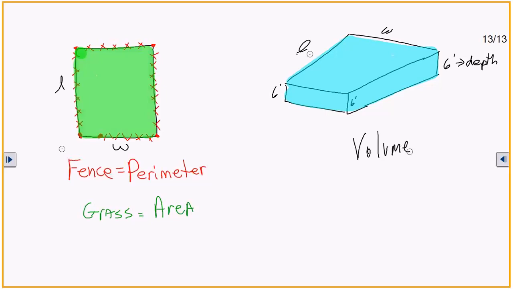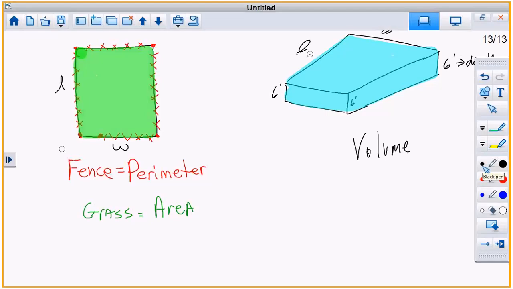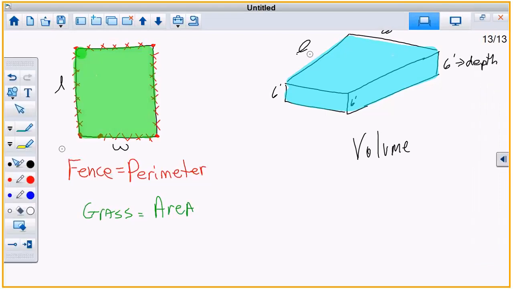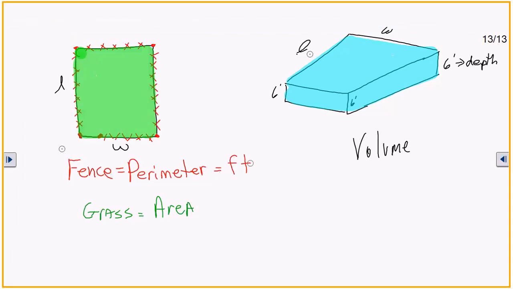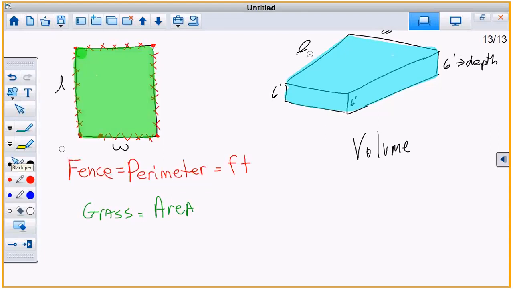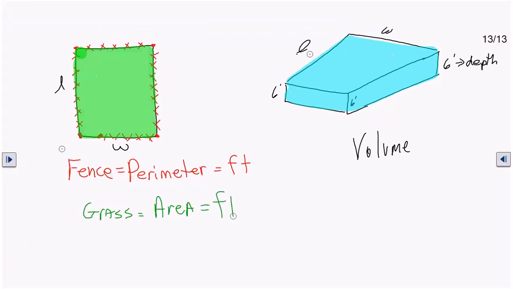Let's talk about dimensions. When I go around the property, what do I measure the property in? I measure in feet. Is there any other dimension? No. So the unit is just whatever you measure it in. It's one-dimensional. Two dimensions is length times width, so you're going to have feet squared.